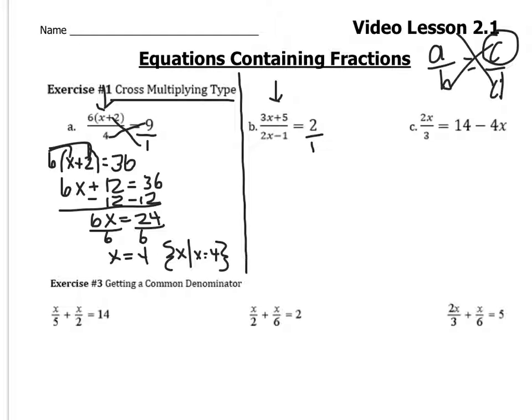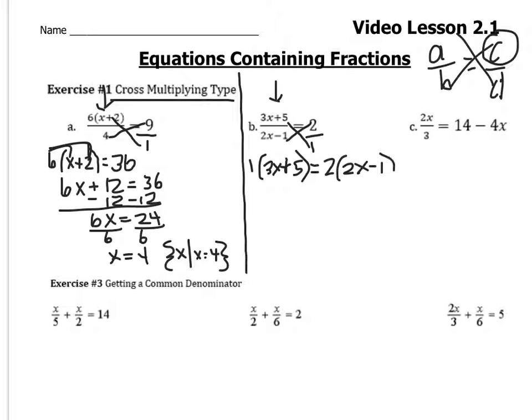Now, when I do 1 times (3x + 5), technically I could write it this way. 1 times (3x + 5). The equals goes in the middle. And then when I do 2 times (2x - 1), it's going to look like this.